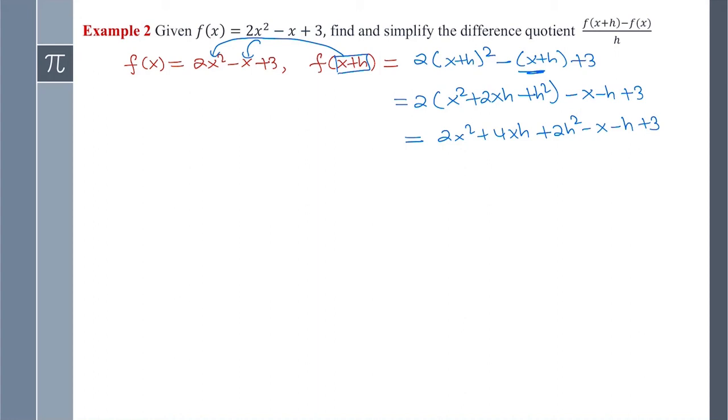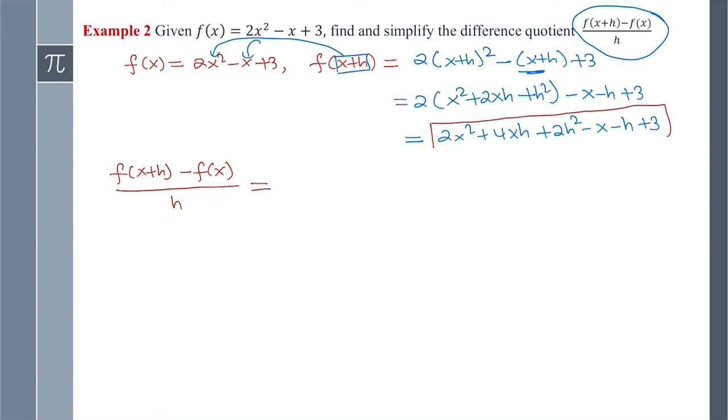Now, our goal is to find the difference quotient or evaluate this expression. So we are going to find f of x plus h minus f of x divided by h. Now, f of x plus h is just this expression right here.